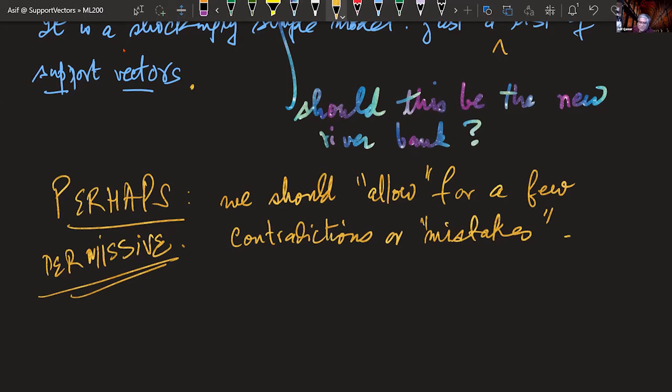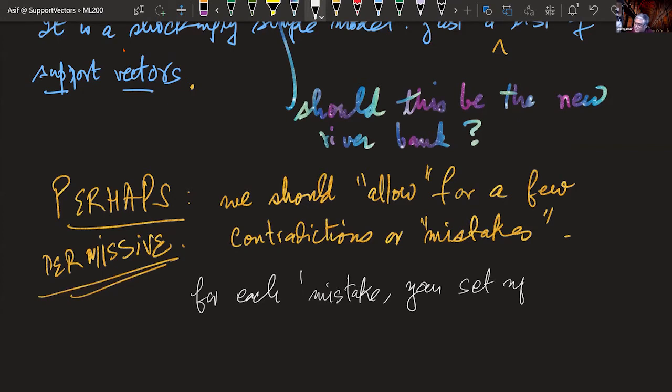And to do that, what you do is you set up a cost. You set up a penalty. So the two steps you do is, for each mistake, you set up a penalty, epsilon i, right?